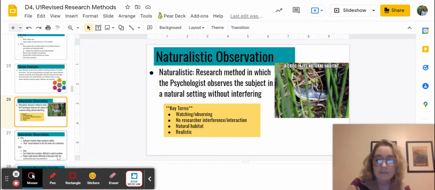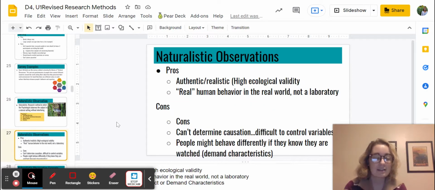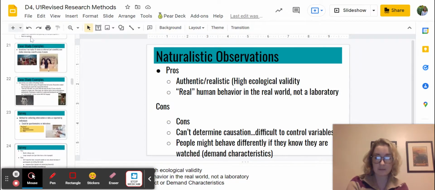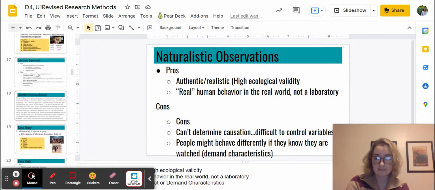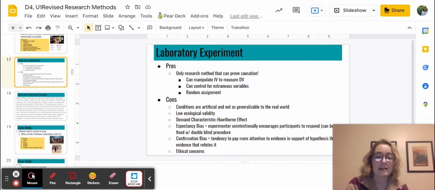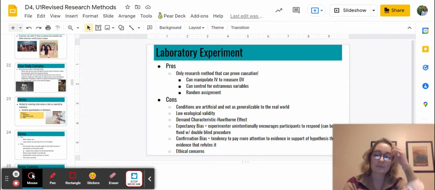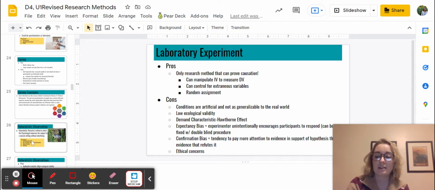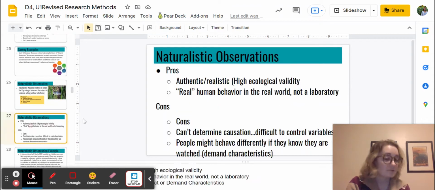It's very realistic. So the pro of this is that, like we mentioned, the issue with the experiment is that it's not very authentic. They're kind of artificial and not very generalizable to what goes on in the real world. So naturalistic observation is kind of the opposite of this. It's super realistic.